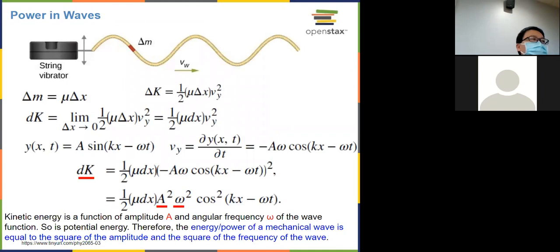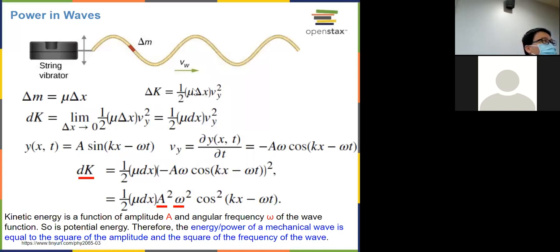Take a look at a simple case of a string. You have a wave in the string. If you look at a small portion of it, delta m here, we know that the kinetic energy, if this is moving up and down, should be equal to 1/2 the mass times v squared, because the string is going in the y direction, so you just focus on the y direction here.